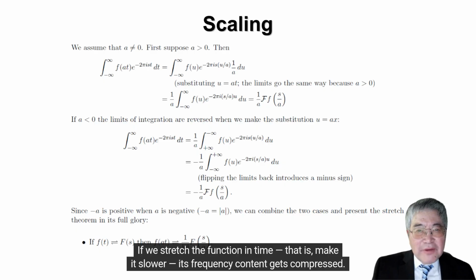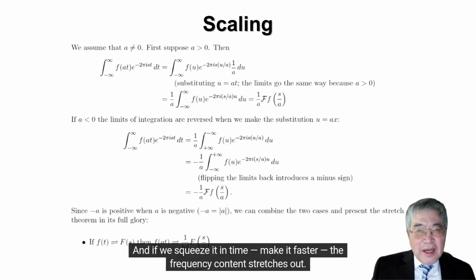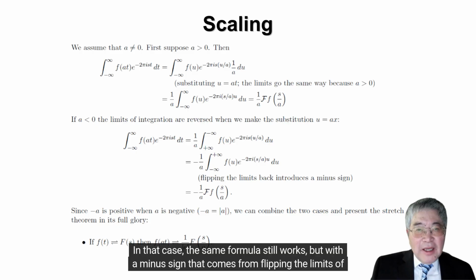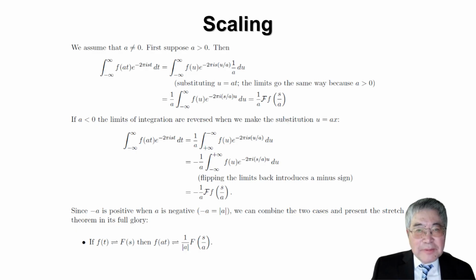If we stretch the function in time, that is, make it slower, its frequency content gets compressed. And if we squeeze it in time, make it faster, the frequency content stretches out. Now what if a is less than 0? In that case, the same formula still works, but with a minus sign that comes from flipping the limits of integration.